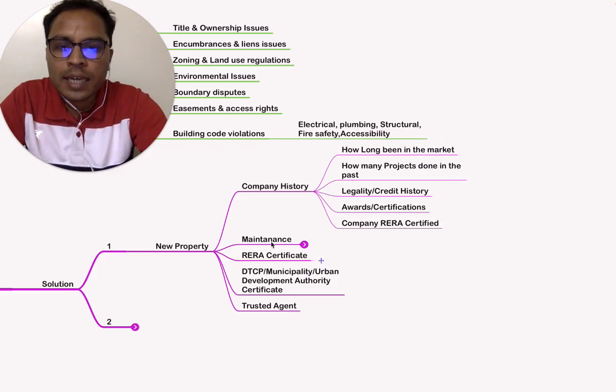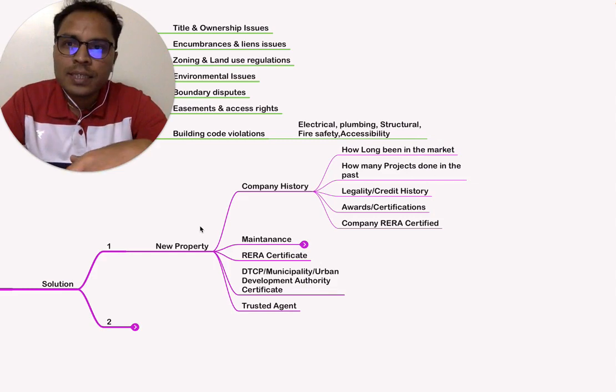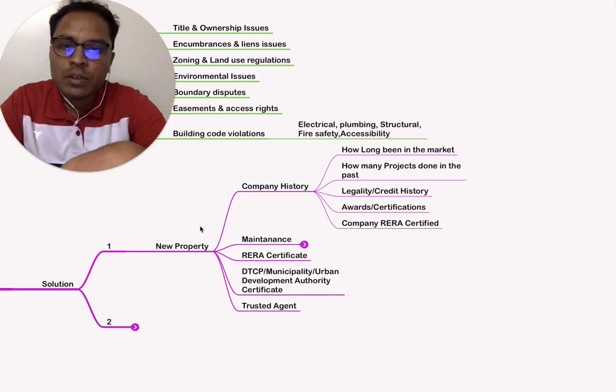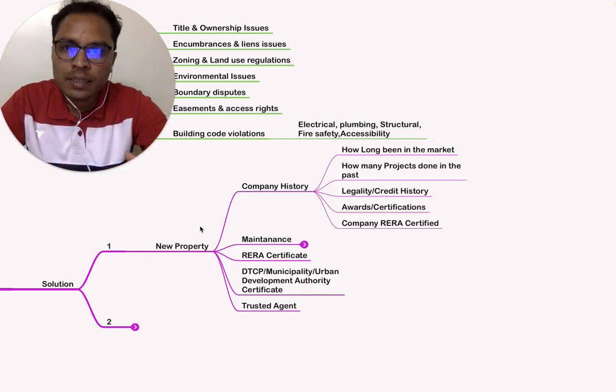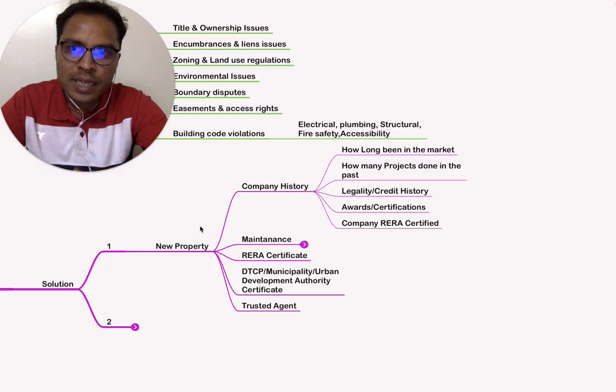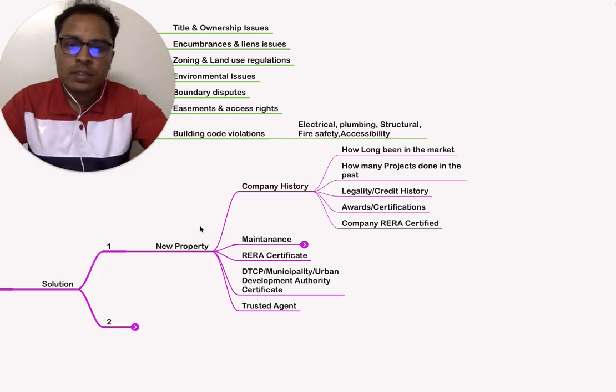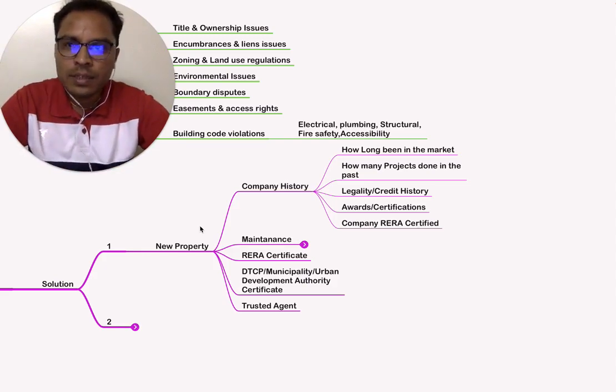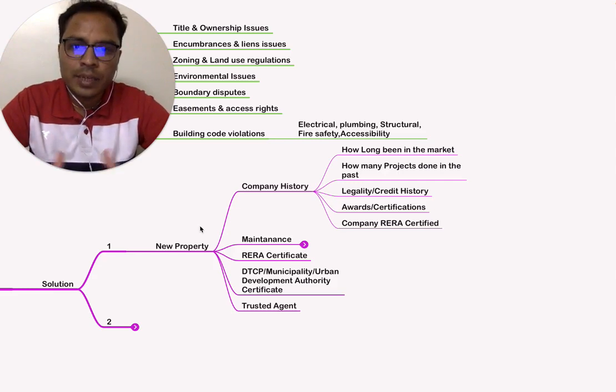And the second is maintenance. If you are buying in a gated community layout or in a venture, in a project, you need to look at whether they are giving any maintenance or any assurance, like safety or security for your property.